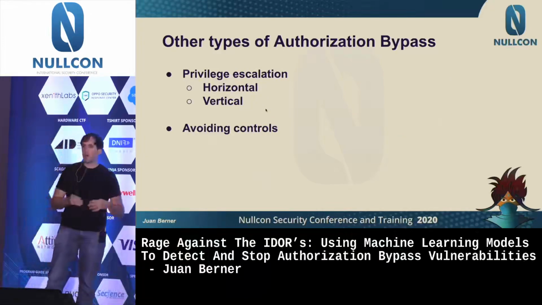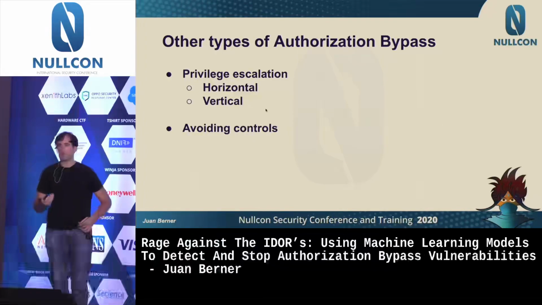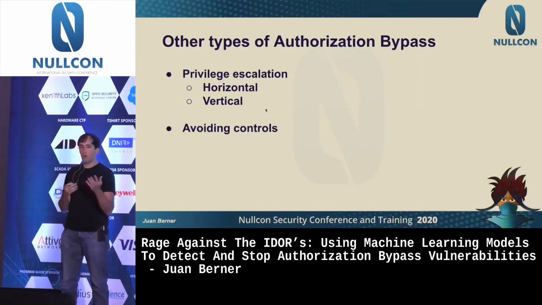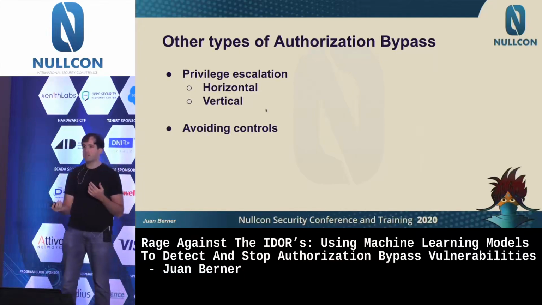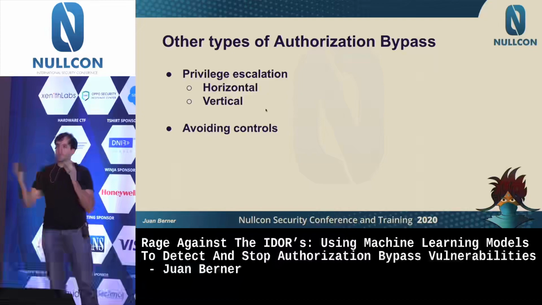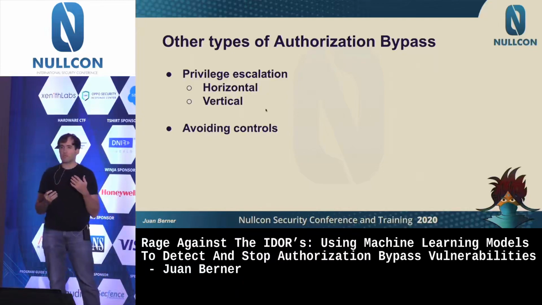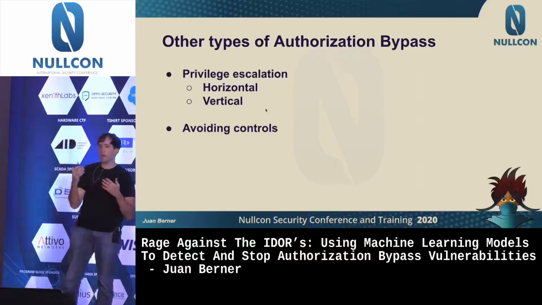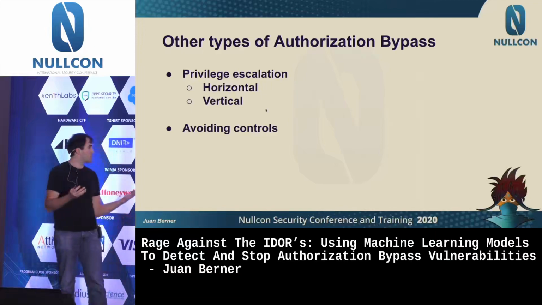Now, just to cover, there are other types of bypass vulnerabilities that this type of detection and protection I'm going to talk about also covers. While IDOR can be considered a horizontal authorization bypass, because you're accessing somebody else's resources, it could also be the case that you have an authorization bypass to access a higher level authorization resource like an administrator account, or cases where you are just avoiding controls.